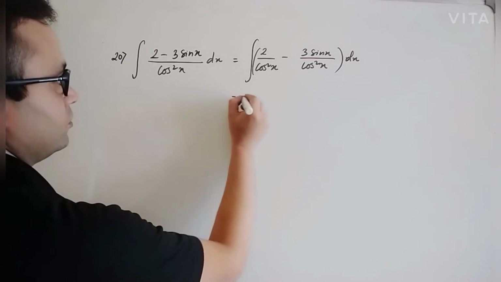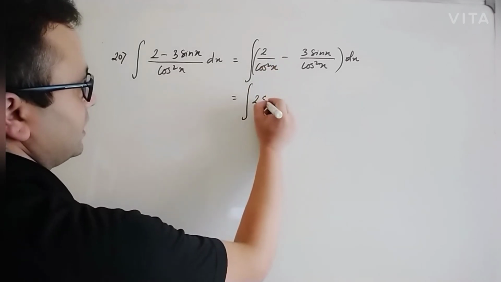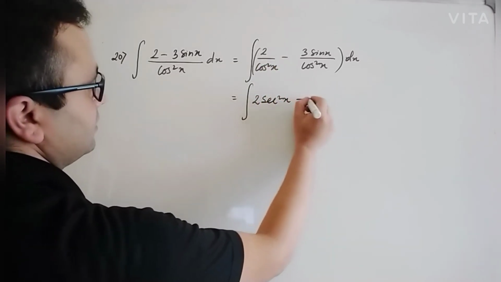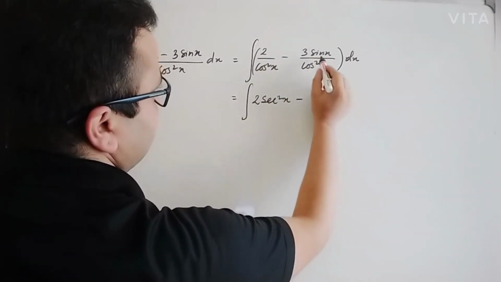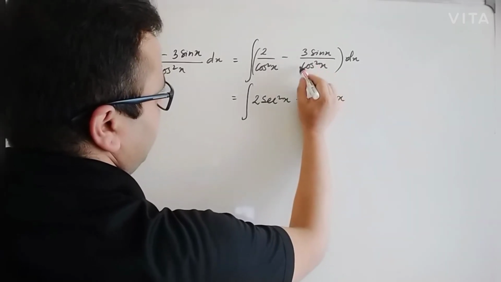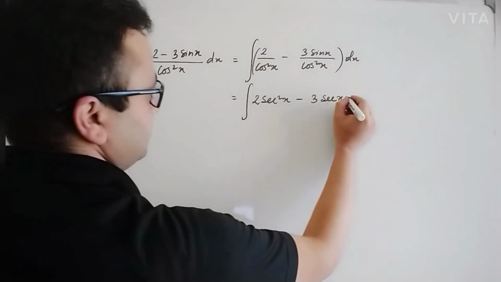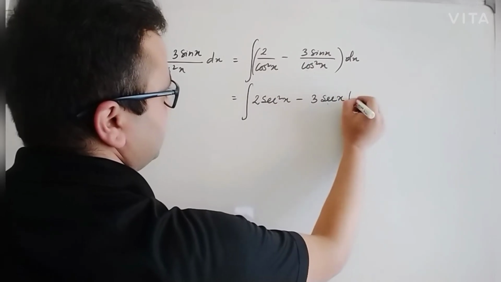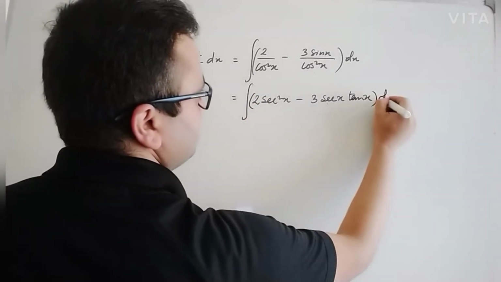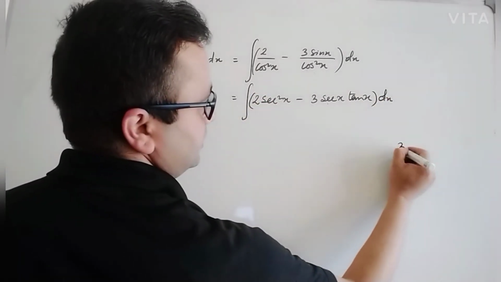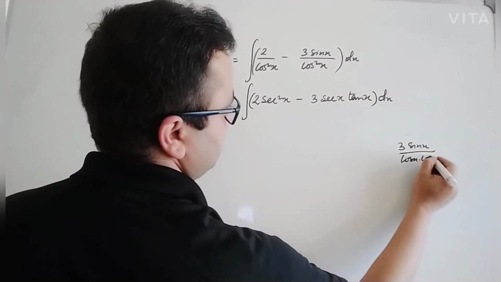So this equals the integration of 2 times 1 by cos square x, which is sec square x, minus 3 times sin x by cos square x, dx. Here, sin x by cos square x means sin x by cos x into cos x.